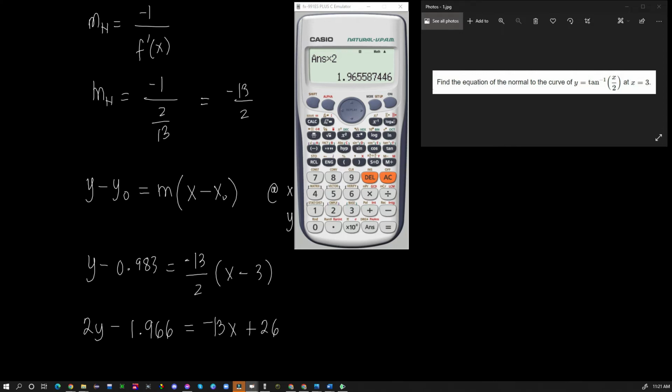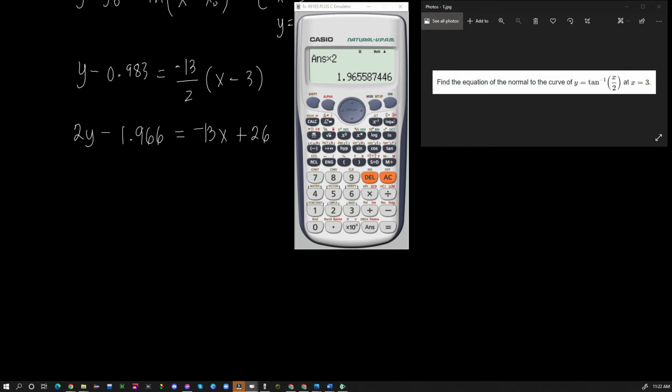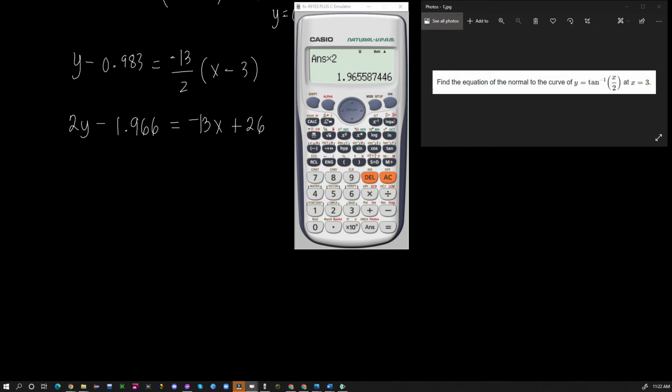Okay, then combining like terms, we have 13x plus 2y is equal to 26 plus 1.966. We have 27.966. Okay, then this is an equation.